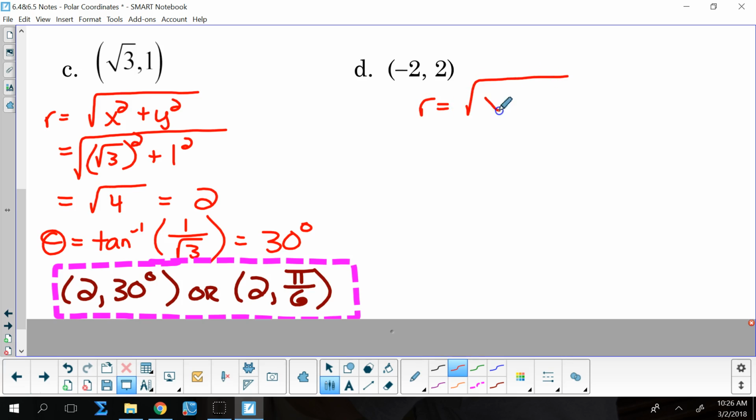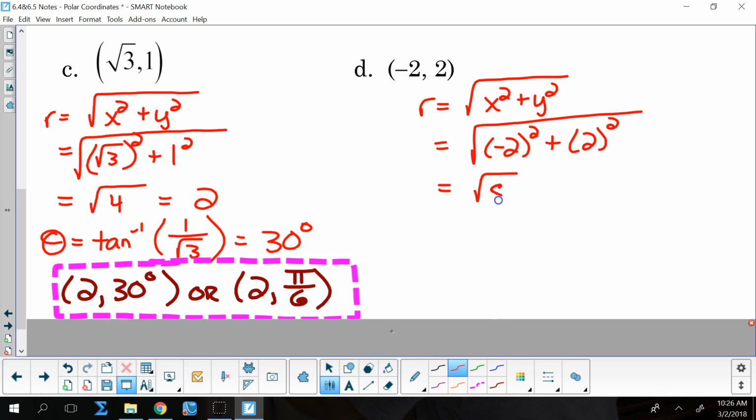So r equals the square root of x squared plus y squared. So that is negative 2 squared plus 2 squared, and then we take the square root thereof. So that is 4 plus 4, so that is the square root of 8. So exactly I would leave that as 2 square roots of 2. Which quadrant am I in?